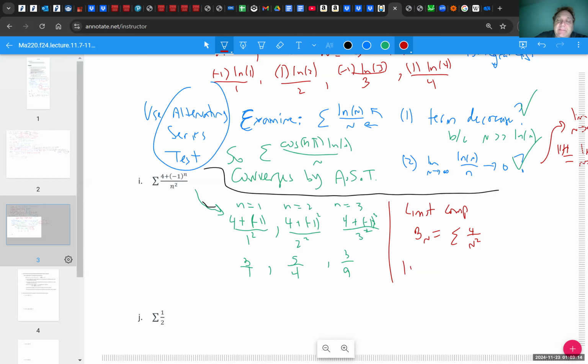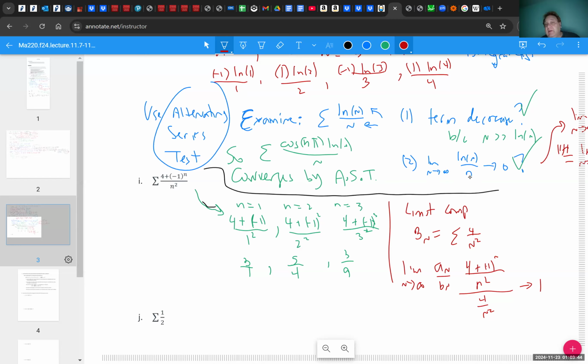You can take the limit as n goes to infinity of our an divided by our bn, which ends up being, well, I'll write it out. It's 4 plus (-1)^n over n squared divided by bn, which is 4 over n squared. This ends up being equal to 1.